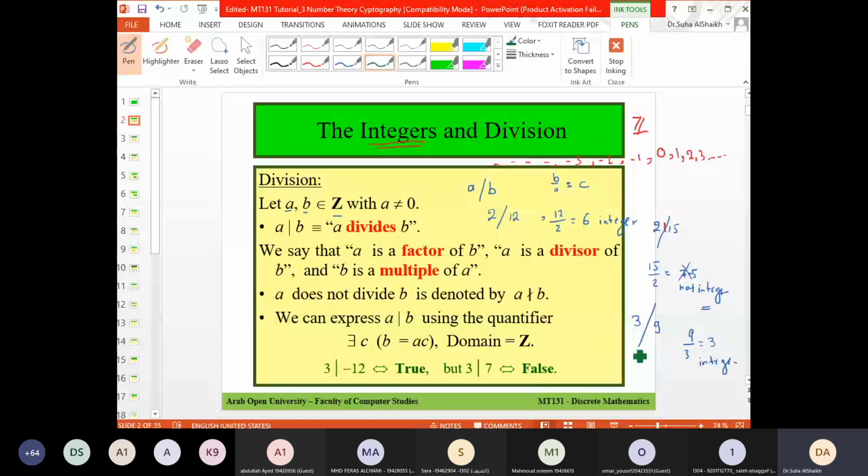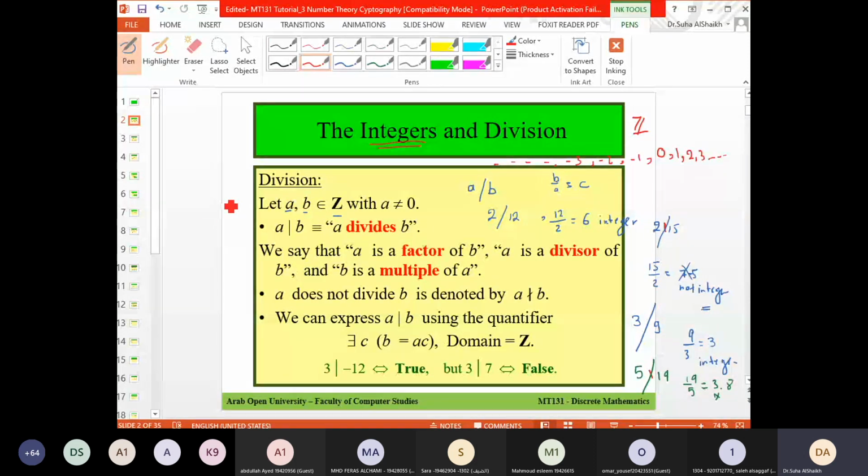Does 5 divide 19? We divide 19 by 5, which equals 3.8. It's not an integer, so 5 does not divide 19. You get the idea. So be careful how we are writing things.